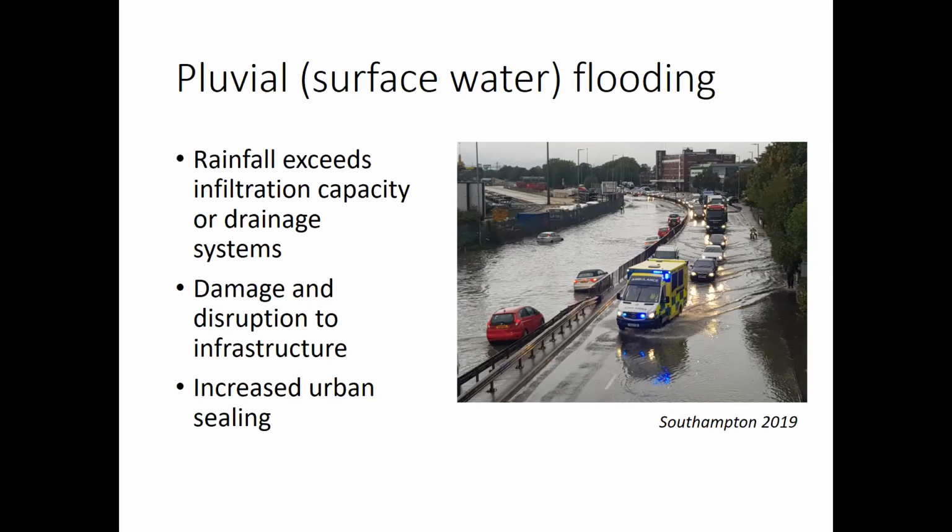And again, significant disruption to everyday services as well as emergency responses. I've alluded to, in the final bullet point here, urban sealing, and I want to use London as an example. And this might be something that you may be aware of yourselves already, or I'm sure you can definitely think of your own examples of urban sealing from the places you live or visit as well.